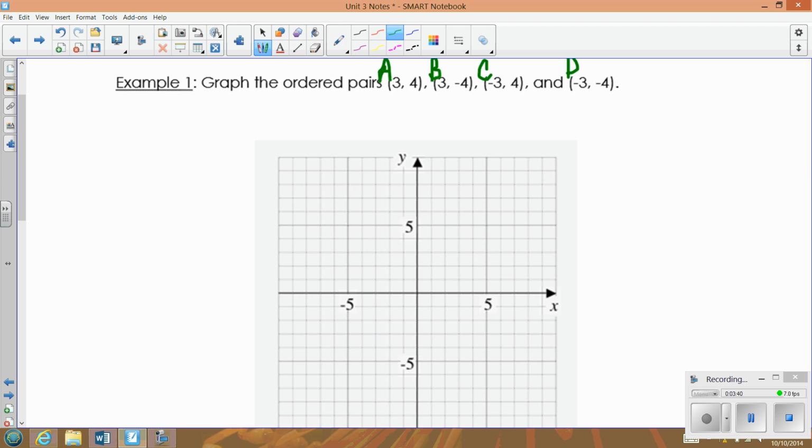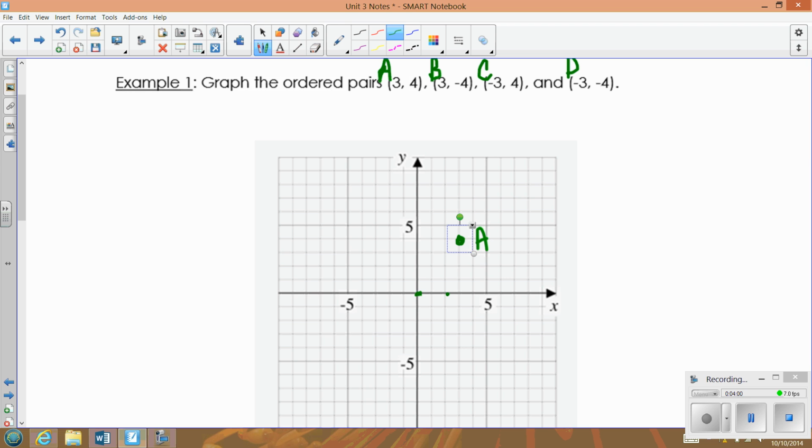So I start at the origin and I'm going to go 3 units to the right. So 1, 2, 3 to the right, and then up 1, 2, 3, 4. So your new point is at that location, 3, 4: 3 units to the right, 4 units up.